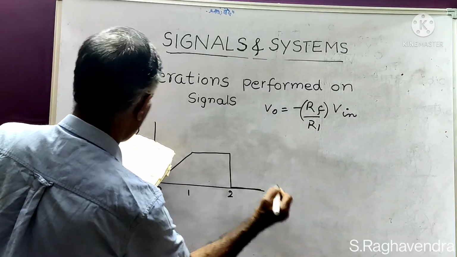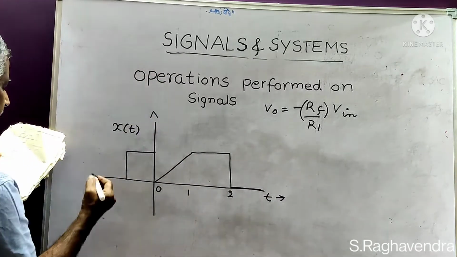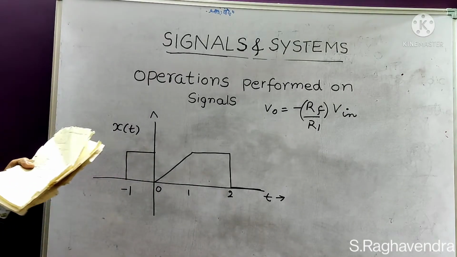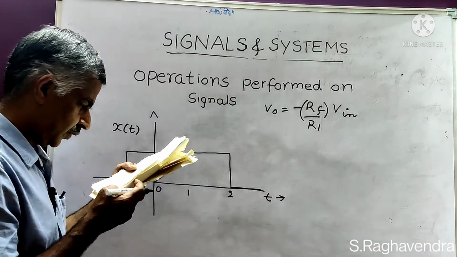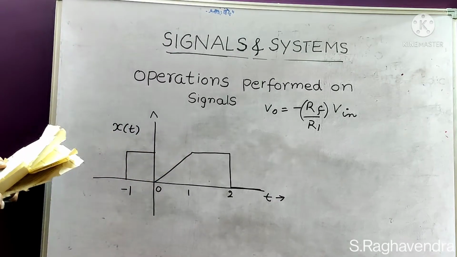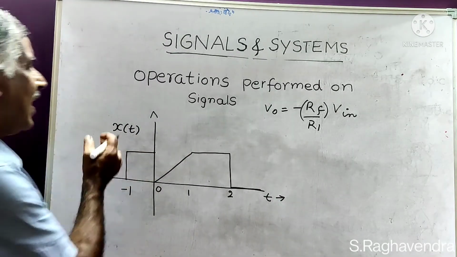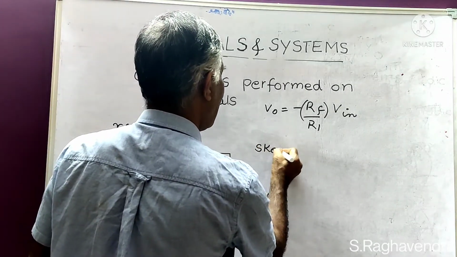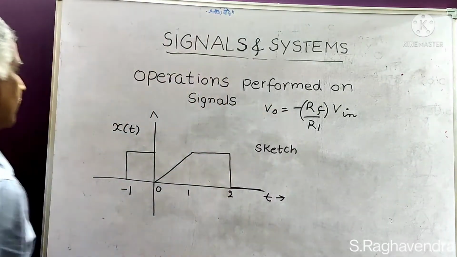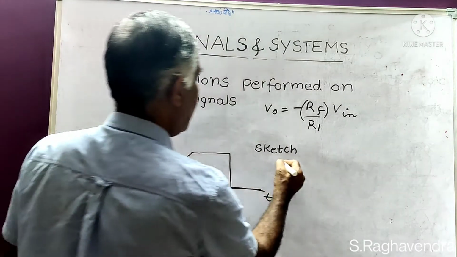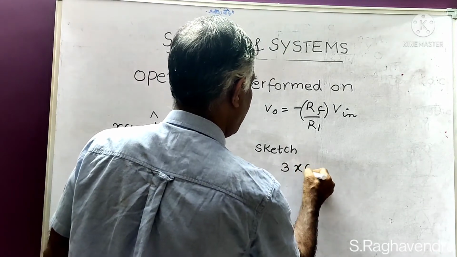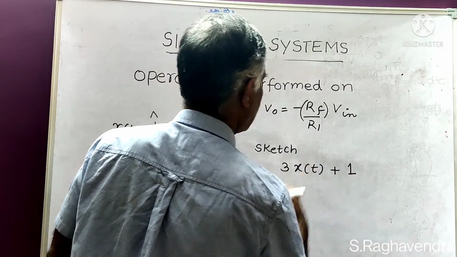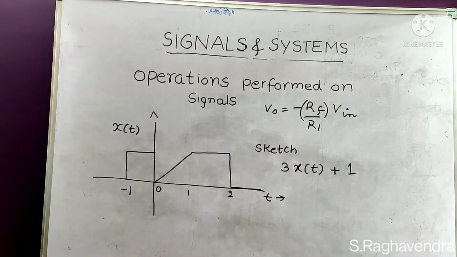This is t, this is xt, this is minus 1. Now I will ask you to sketch 3x of t plus 1.